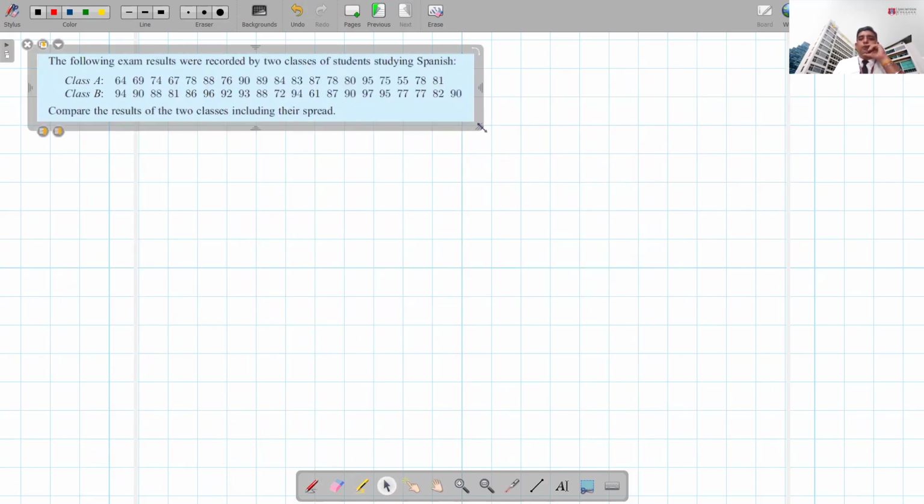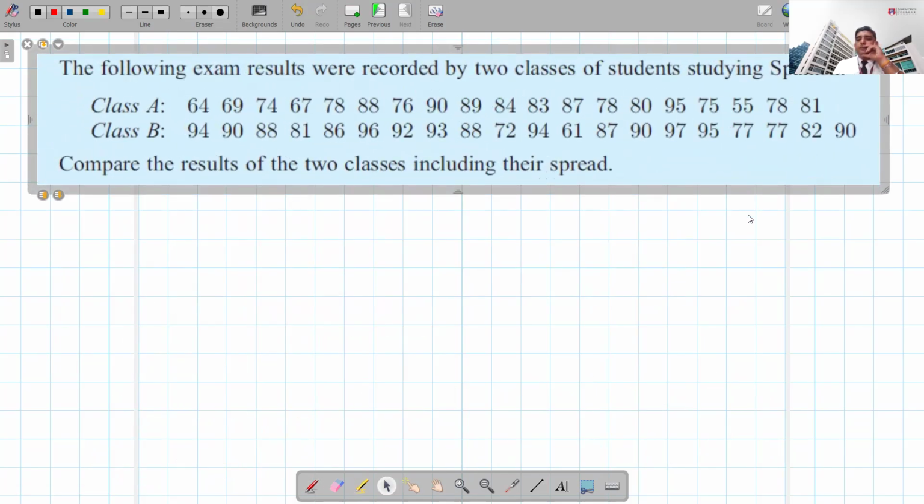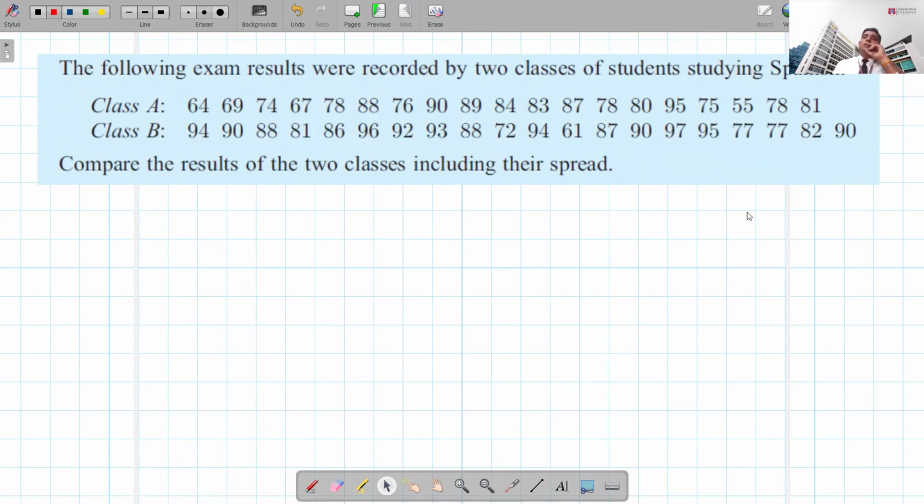Here there is no frequency involved. These are only scores of two different classes, and the number of students in these two different classes are different. So I would like you to give it a try. Use your calculator. Key in these data and see what happens. Please do it.